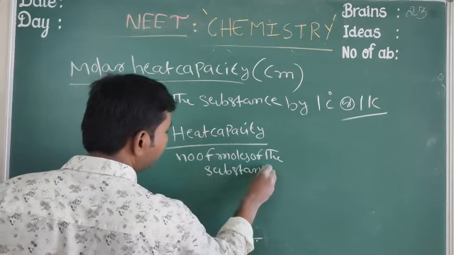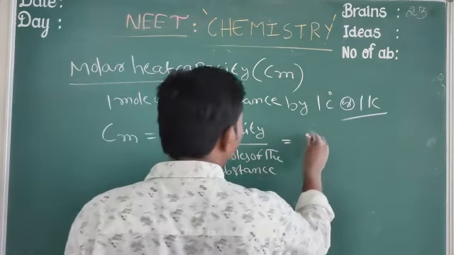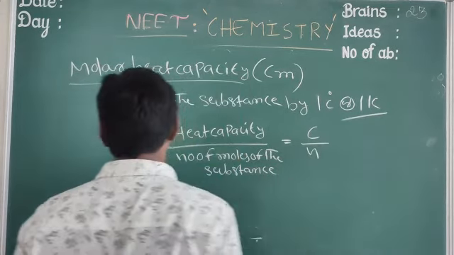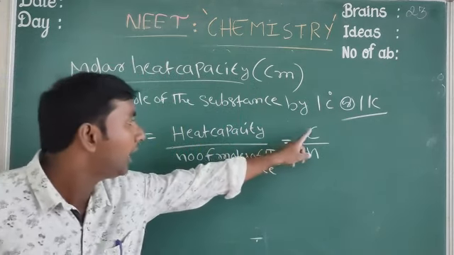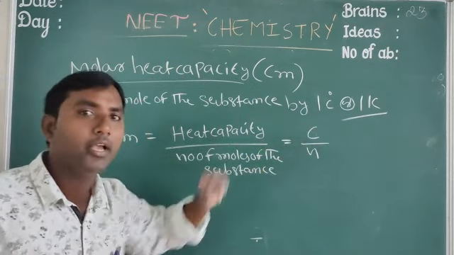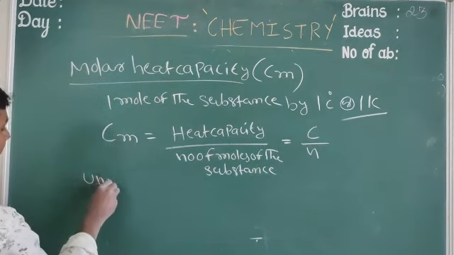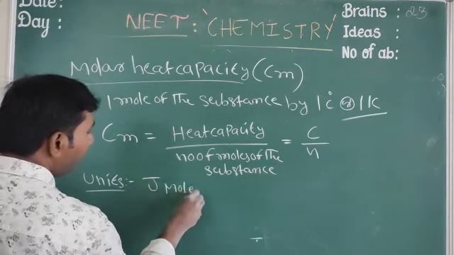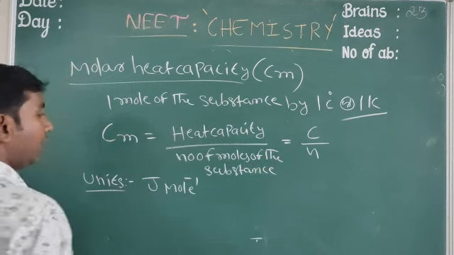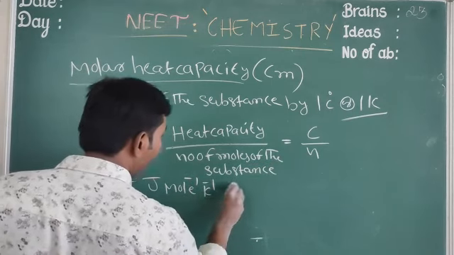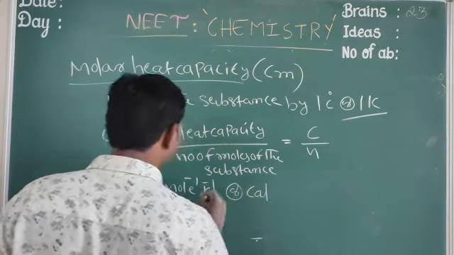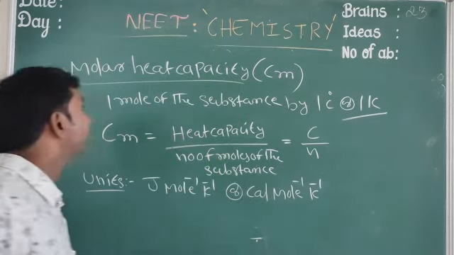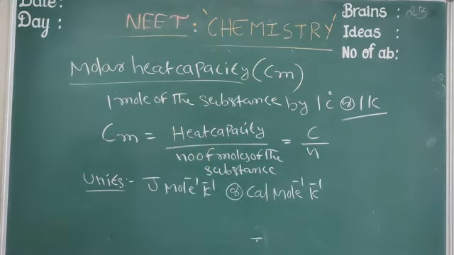Heat capacity, already we know, is represented by capital C, divided by number of moles, N. So molar heat capacity equal to heat capacity by number of moles of the substance. Units: joules mole inverse Kelvin inverse, or calories mole inverse Kelvin inverse. These are the units for molar heat capacity.